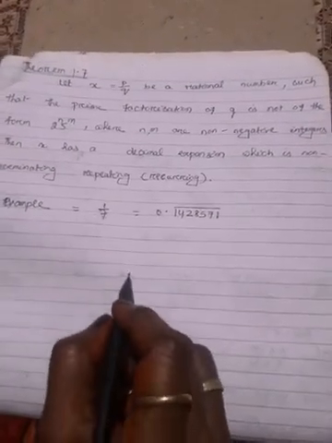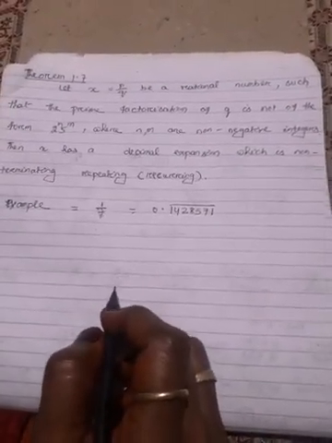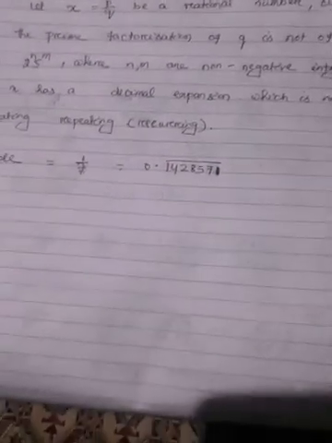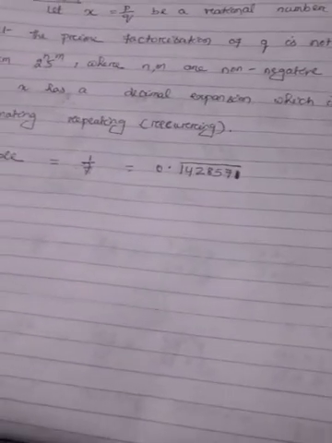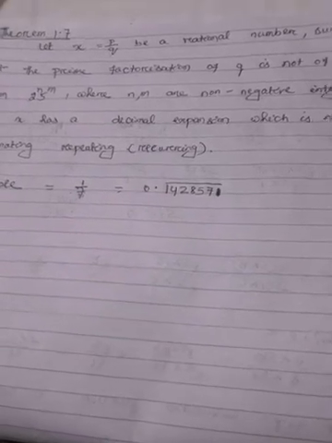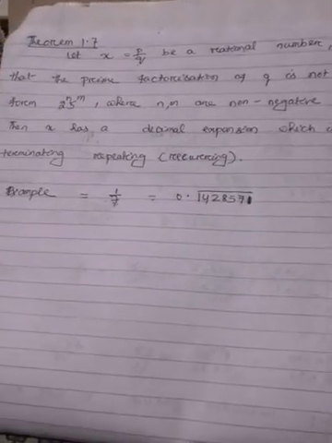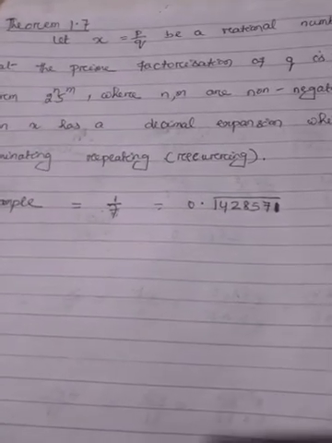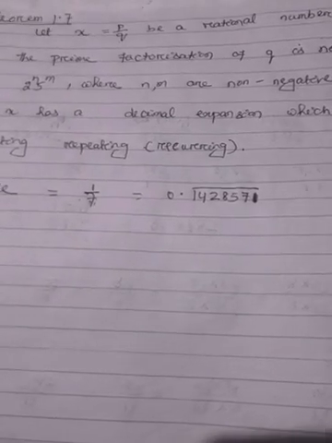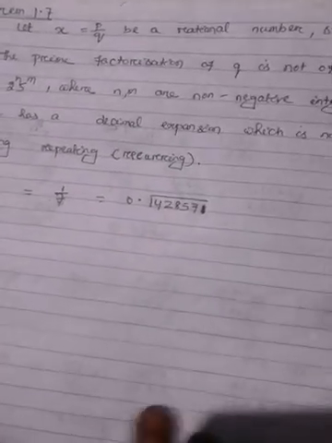That's all for today. Exercise 1.4 is complete. Theorem 1.5 is the opposite of theorem 1.6, and theorem 1.6 is the opposite of theorem 1.5. Theorem 1.5 says that if a decimal expansion terminates, it must be a rational number whose denominator is in the form of 2 to the power n into 5 to the power m, where n, m are non-negative integers.